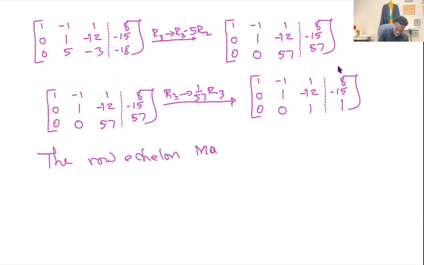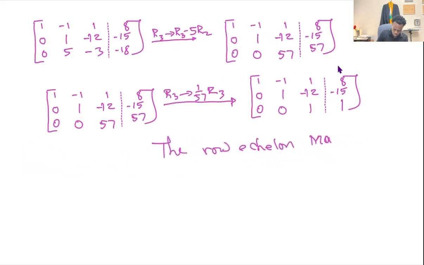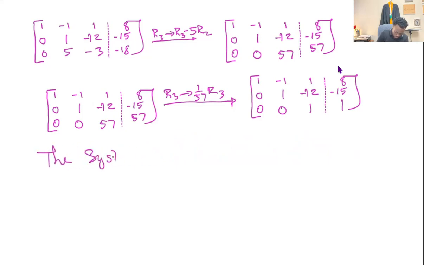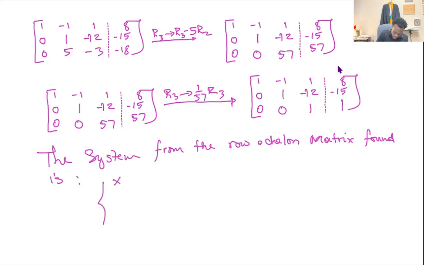The system from the row echelon matrix found is x minus y plus z equals 8, y minus 12z equals negative 15, z equals 1.